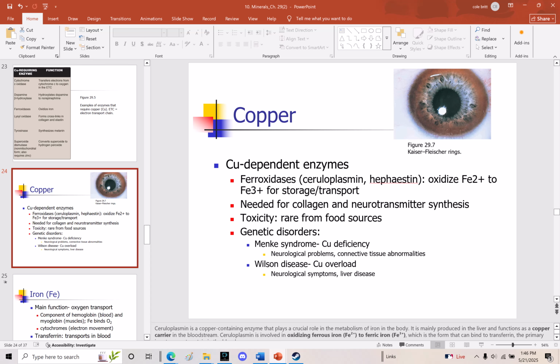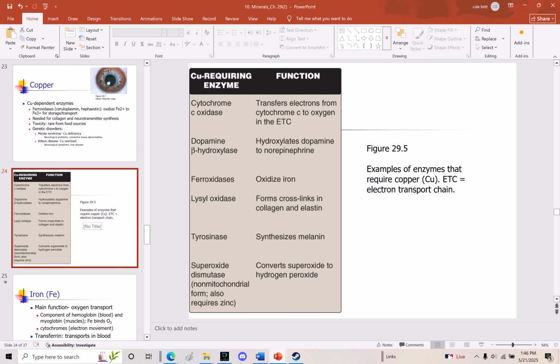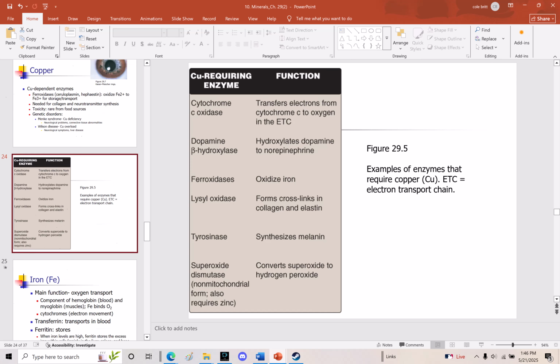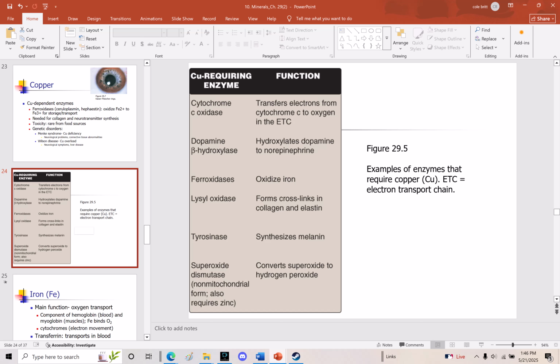It's on the next slide. So these are all the copper-containing enzymes. Don't memorize them. But again, this is showing you it is important in the electron transport chain. Here are the peroxidases. I do want you to know the peroxidases and importance in the electron transport chain and the genetic disease states, Menkes disease and Wilson's disease.